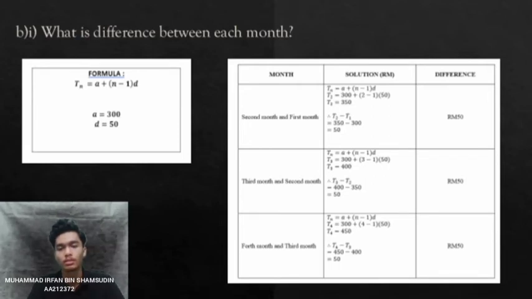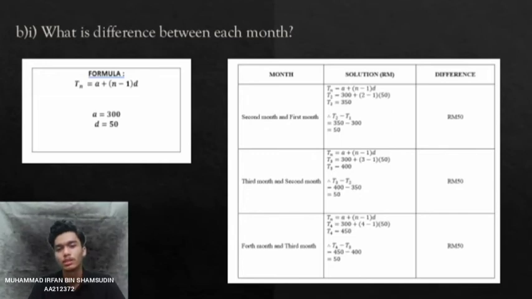And next, we need to get the fourth month. Just the same, we put the information into the formula. So the solution is T4 equals 300 plus bracket 4 minus 1 multiplied by 50.